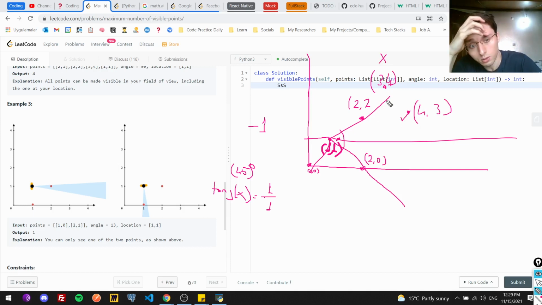But for every one of them I have to calculate the tangents, maybe not tangent, but it should be probably tangent.